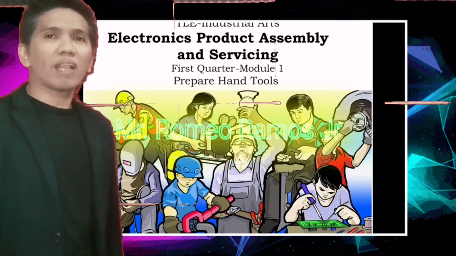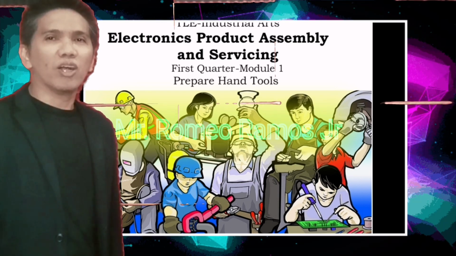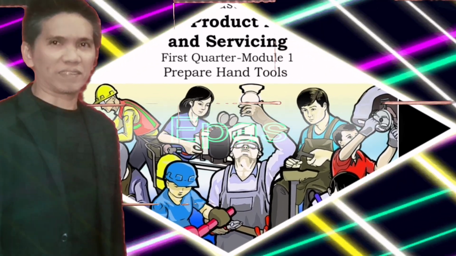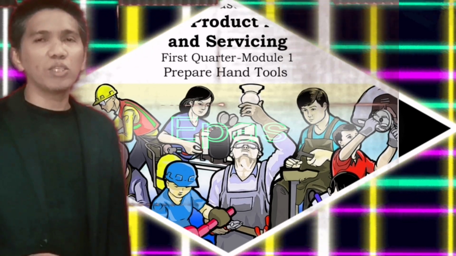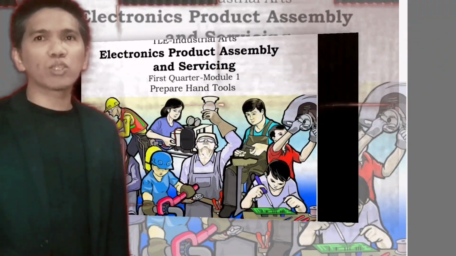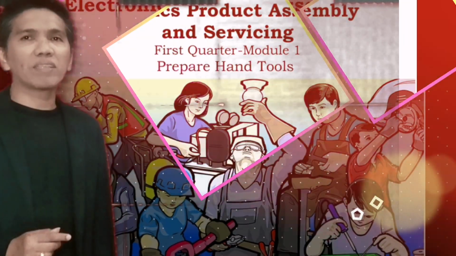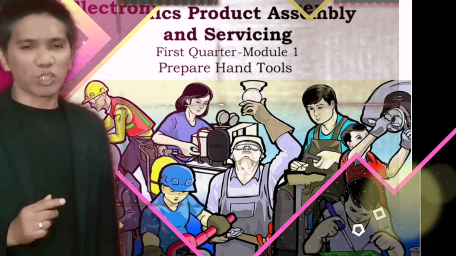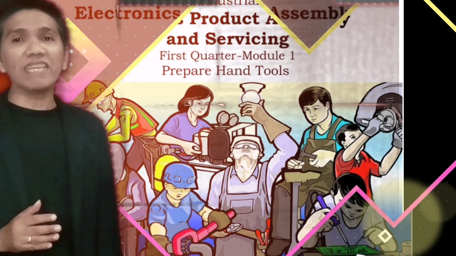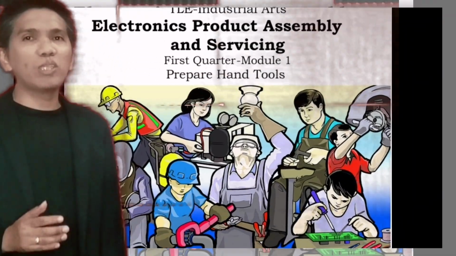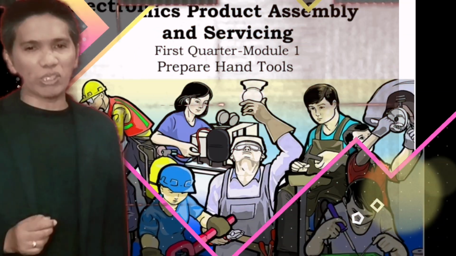Today, we will tackle our module number 1 called Basic Hand Tools and Their Uses. This module was designed to help you to master the electronics products assembly and servicing. The scope of this module permits it to be used in many different learning situations.